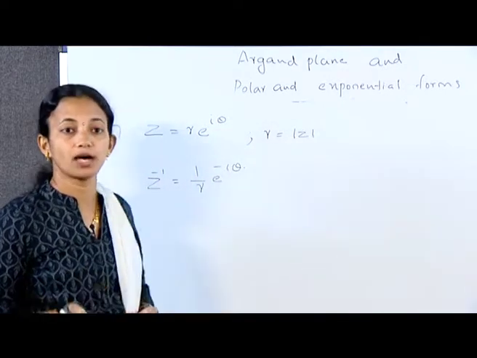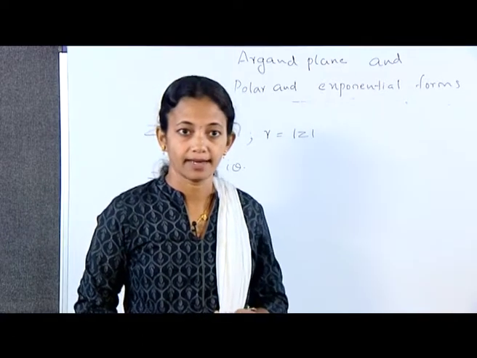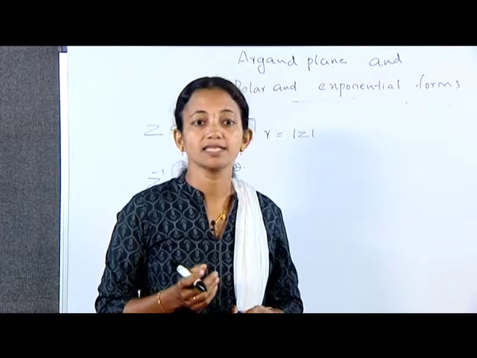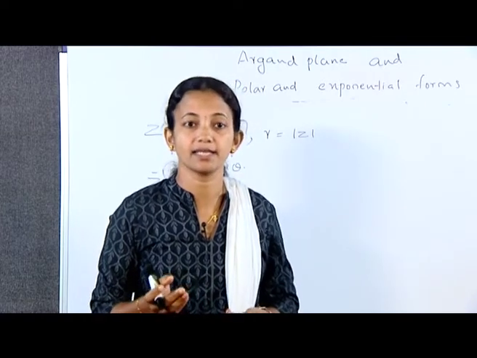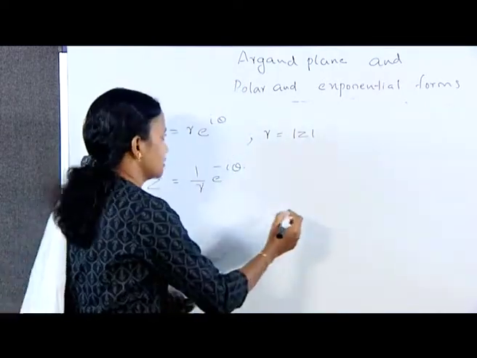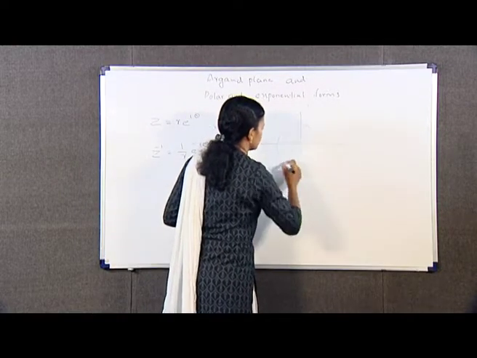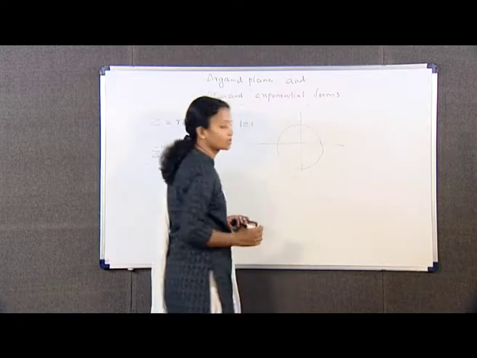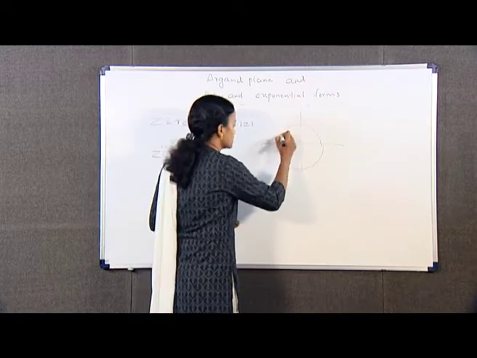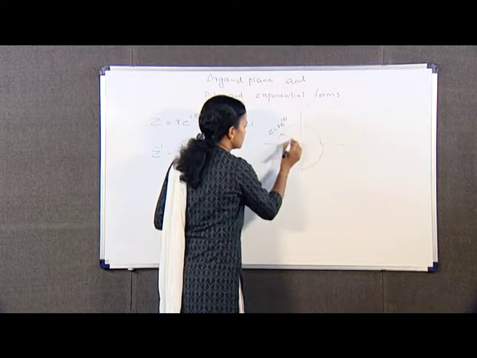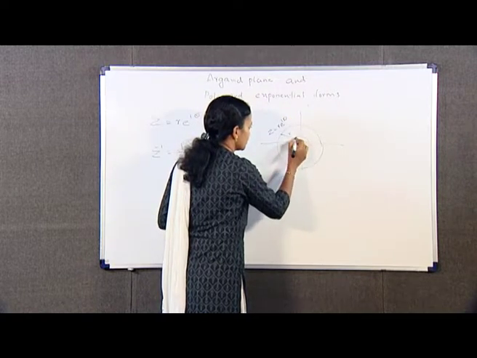If Z is equal to R e raised to i theta, then the length of the vector of Z lies on the circle centered at the origin. That is, here we have Z is equal to R e raised to i theta. This is our R, this is our theta.